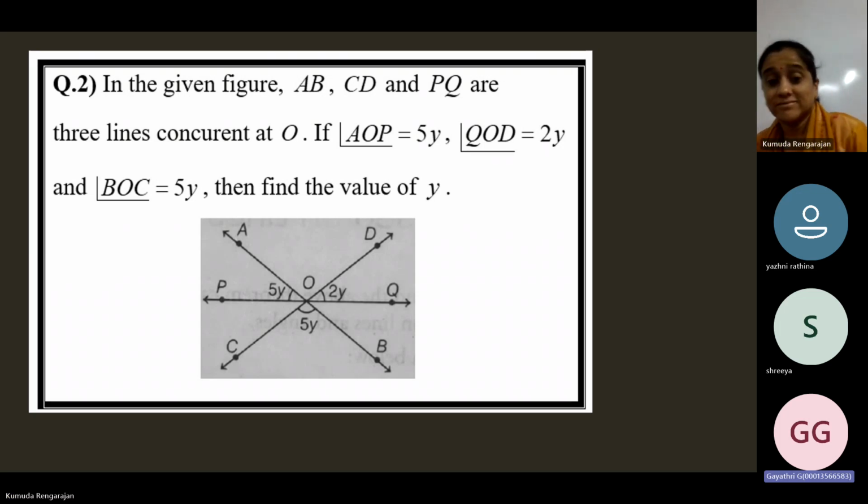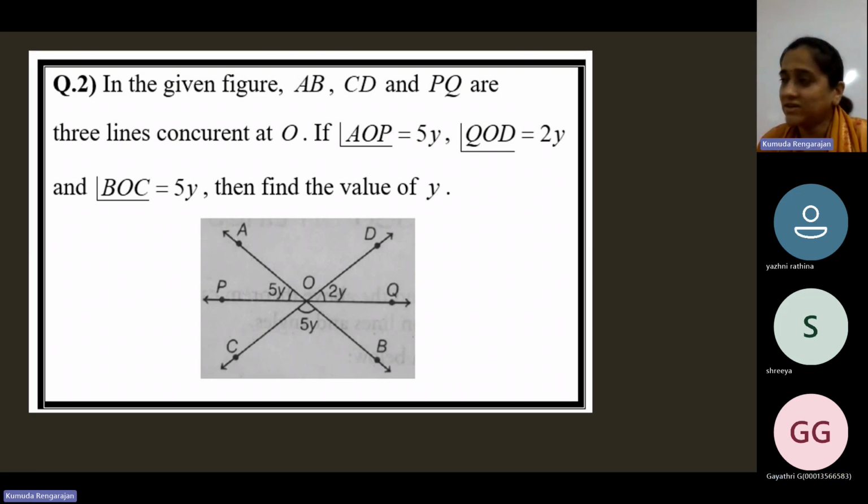Is it 15? Gayatri. Okay, good. Correct. 15. y is equal to 15.